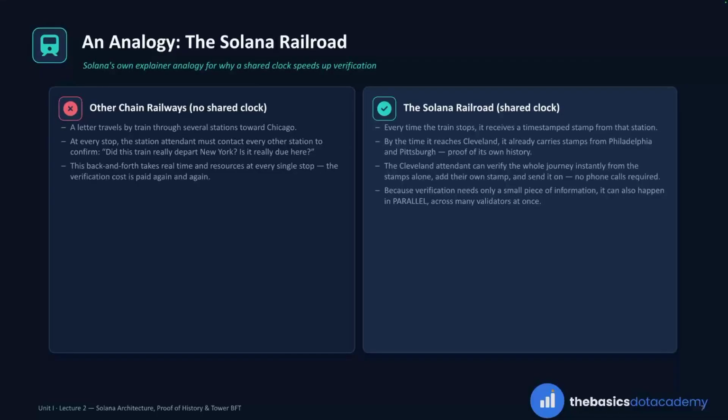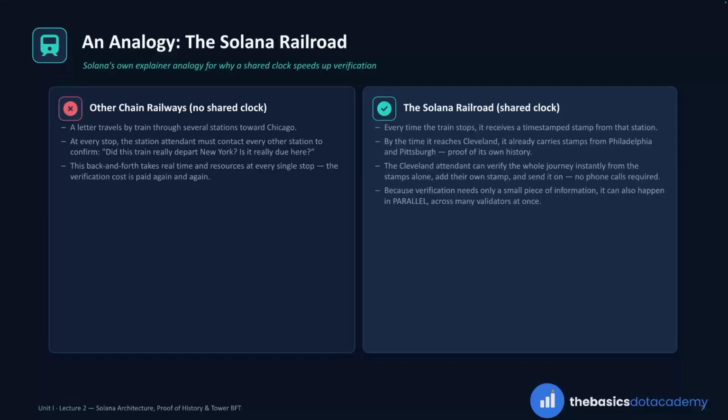Is it really due here? In the case of Ethereum, that is exactly what is happening. Each node is communicating with every other node in order to verify the data and the transaction. This back and forth takes real time and resources at every single stop. The verification cost is paid again and again.